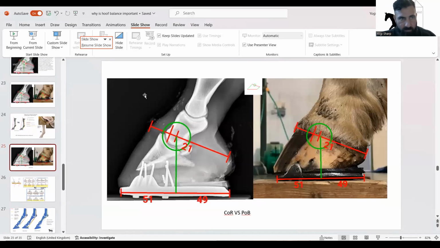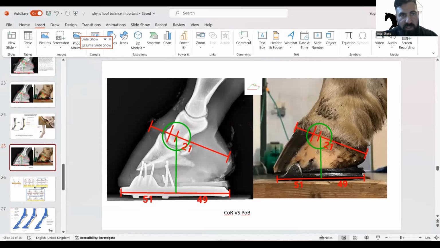What I tend to do, because everyone wants the pastern angle to be in the middle of the pastern, right? This guy's actually quite hairy, but hopefully you can see me do this.